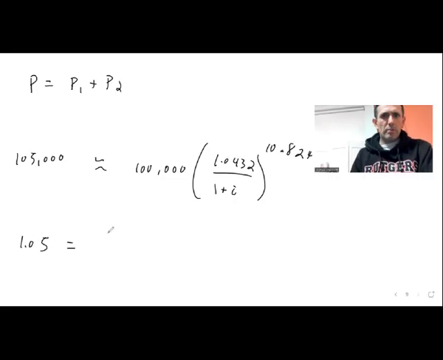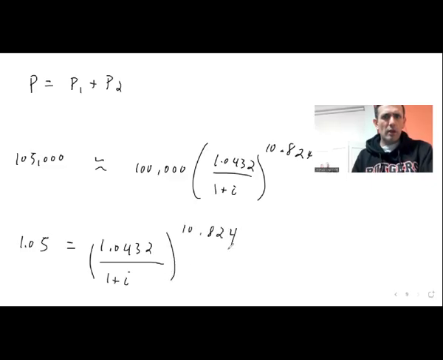So this is going to be 1.0432 over 1 plus i, with the Macaulay duration 10.824. So let me take 1.05, raise it to the 1 over 10.824, and that'll give me this fraction here.